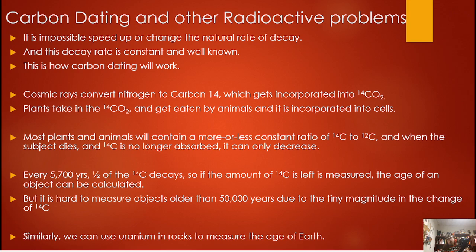Nitrogen is typically nitrogen-14 in the atmosphere: atomic number 7, mass number 14. By absorbing cosmic rays, essentially positron rays from the sun, I guess that'd be beta rays from the sun, it converts the nitrogens into carbon-14.